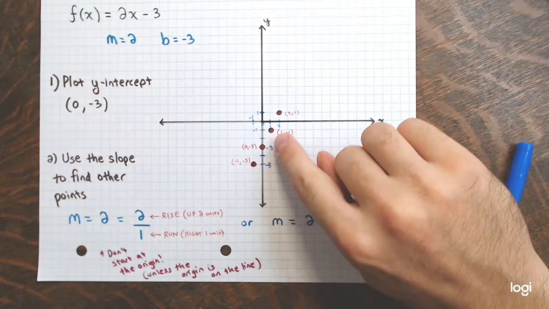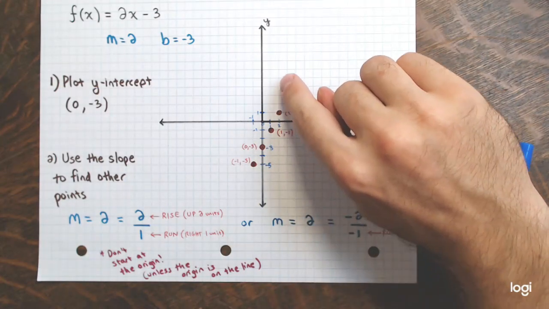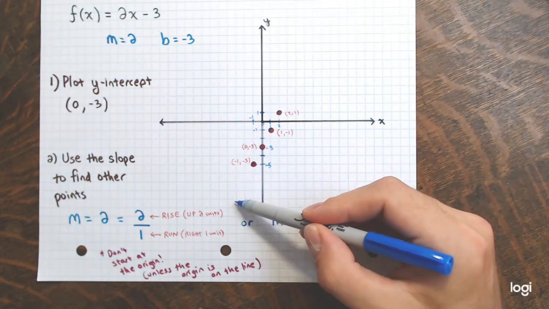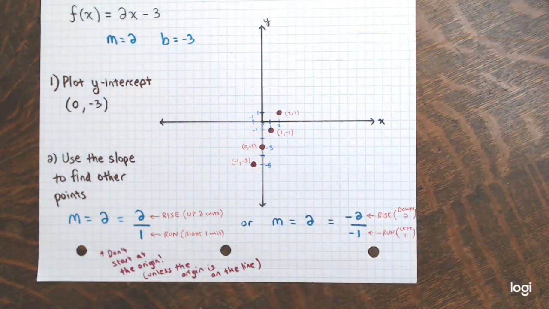And I could do this forever. I could keep plotting points: go up 2, right 1, up 2, right 1, up 2, right 1, or go down 2, left 1, down 2, left 1, down 2, left 1, and keep plotting points forever. But there are infinitely many of these ordered pairs, and there's no way you're going to possibly list them all or draw them all. So we're going to fill in the rest of the graph following this pattern.